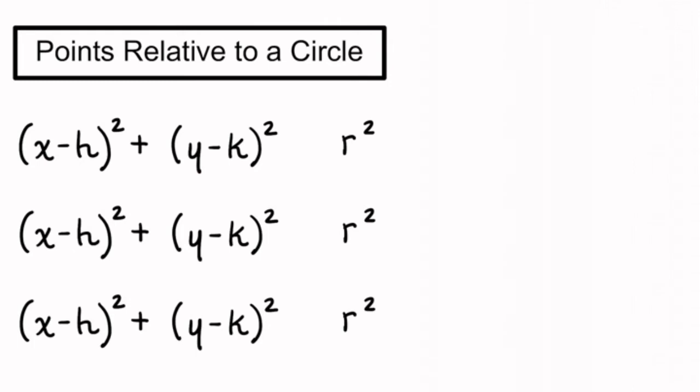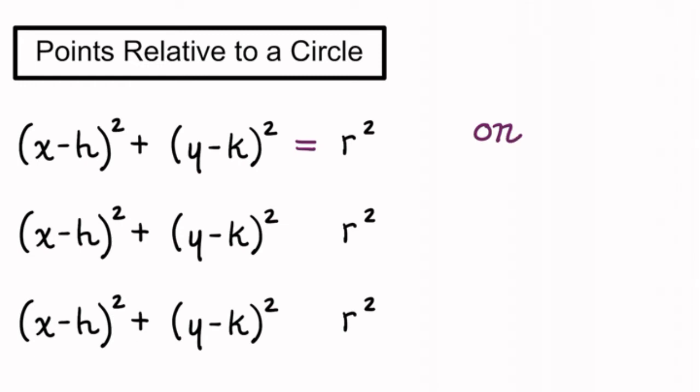The circle formula can also tell us about the relation of a point to a circle. As we saw from the previous slide, if we take our formula and plug in a value for x and y for a point, and we see that x minus h squared plus y minus k squared is equal to r squared, then we know that we're on the circle. Those are all the points that are going to be on a circle.